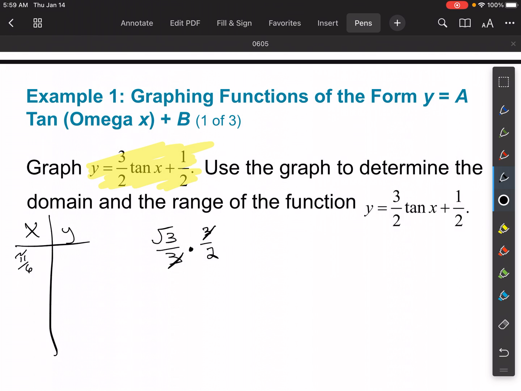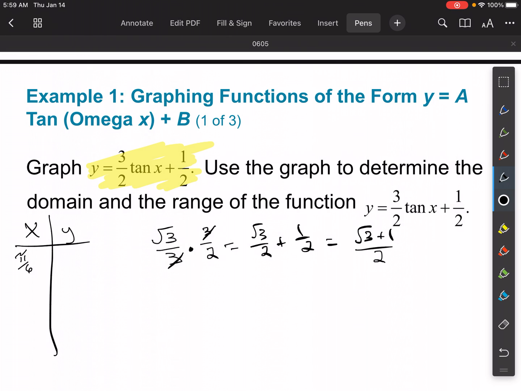So when I do this, I get the square root of 3 over 2. And then if I add that to 1/2, I get the square root of 3 plus 1 over 2.